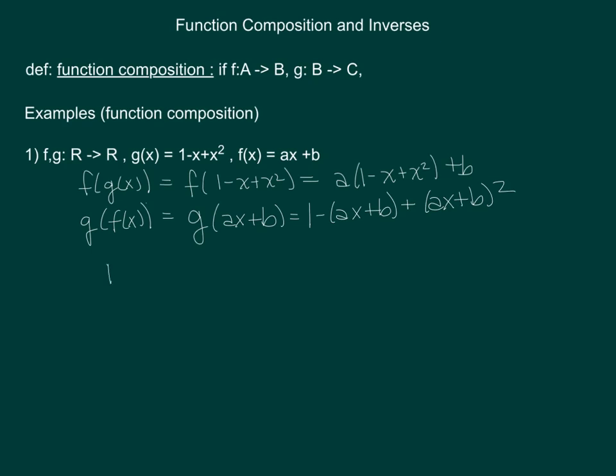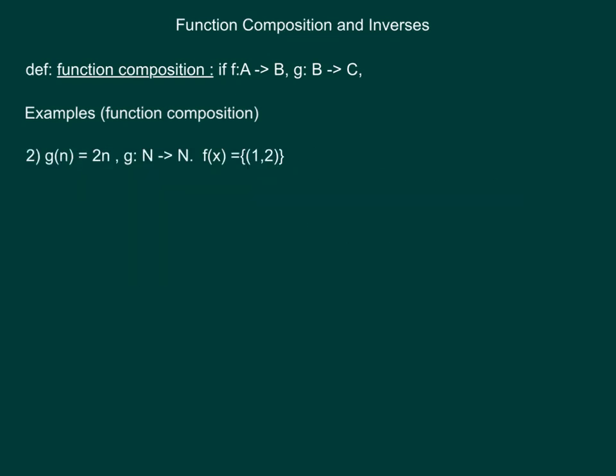Which brings us to a general note. In general, g of f of x does not equal f of g of x. Another example: g is the function from the natural numbers to the natural numbers, where it takes an integer n and maps it to 2n. And f is the function that takes the number 1 and maps it to the number 2.